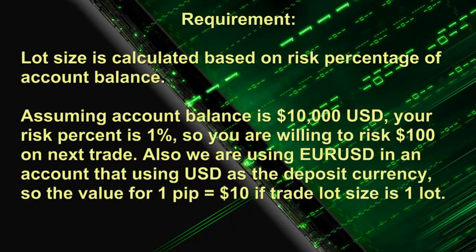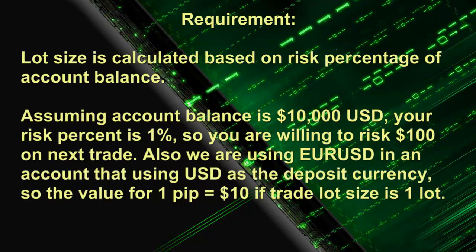First of all, we're using an account that USD is the deposit currency. And then we assume account balance right now is 10,000 USD, and your risk percentage is 1%. So you're willing to risk $100 on the next trade. So far, so good.